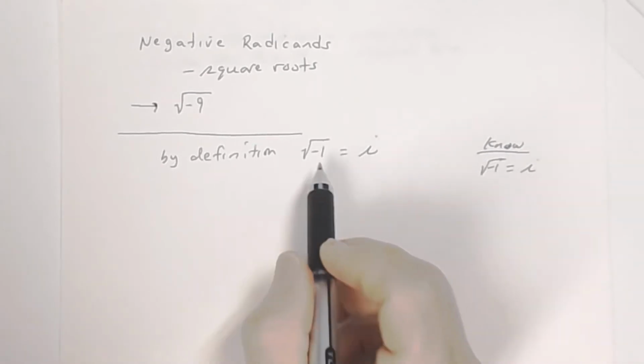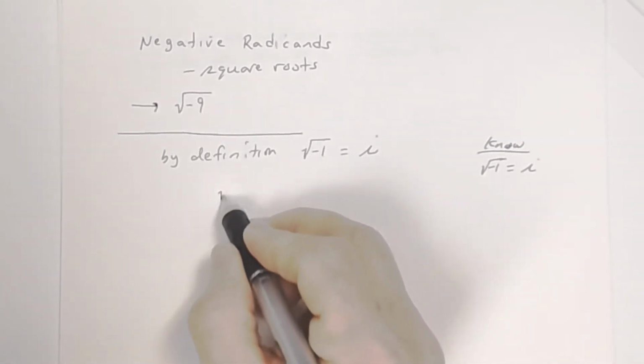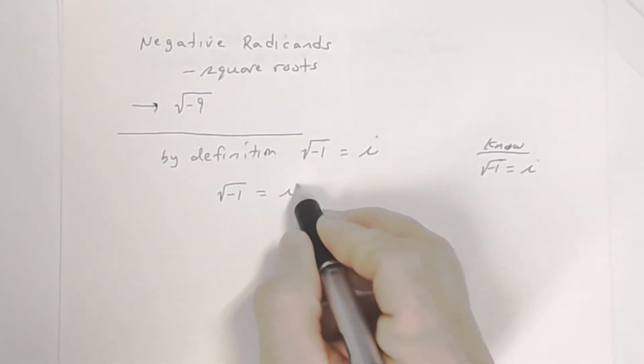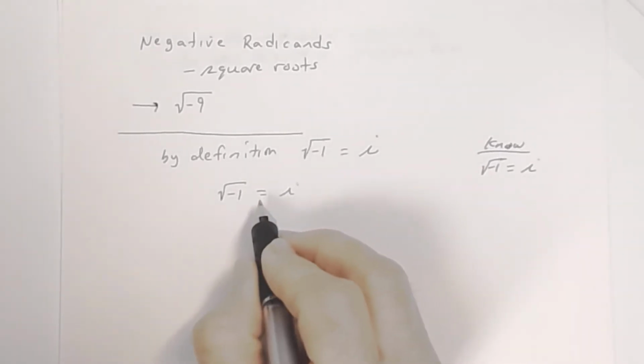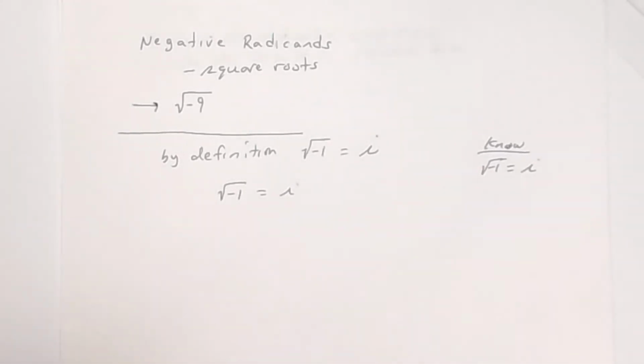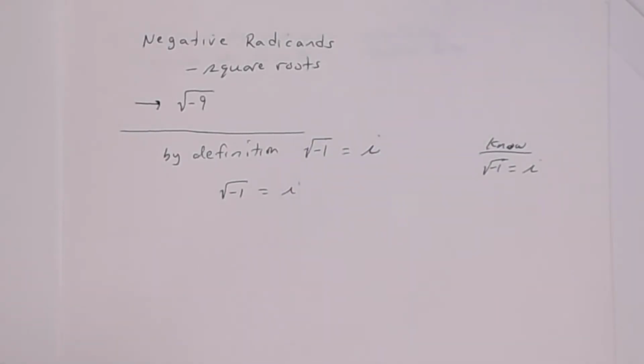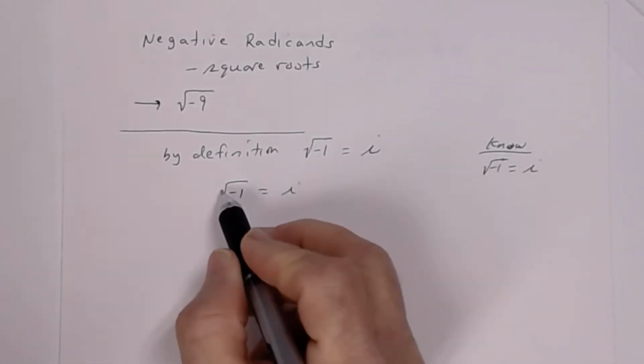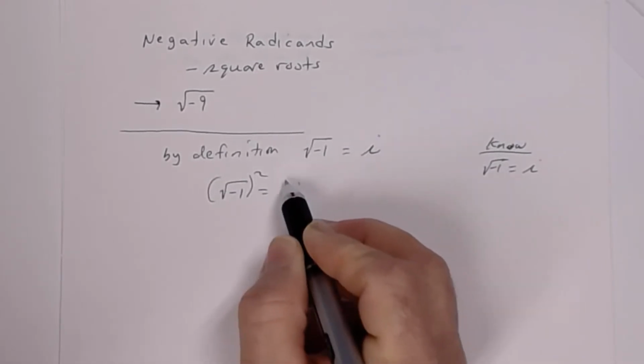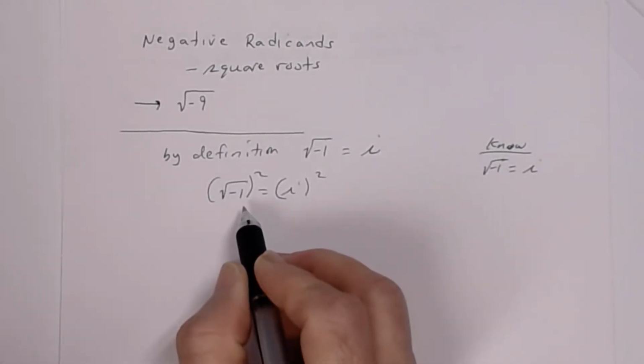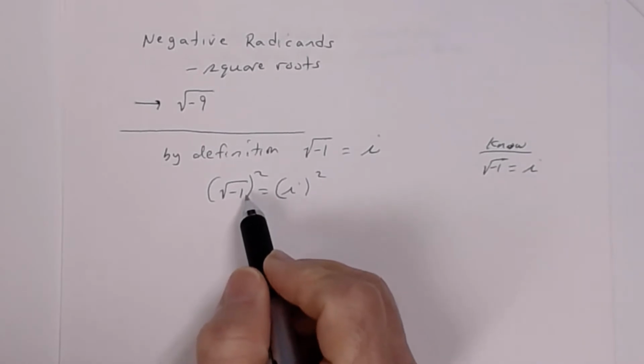Now also, if I take square root of a negative 1 equals i and square both sides, I get the square root of a negative 1, squared, on this side.